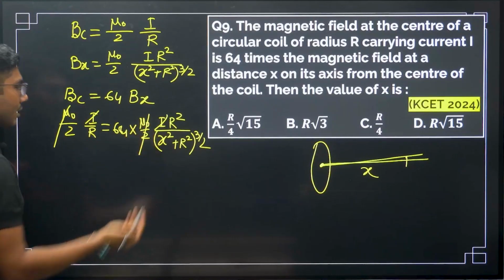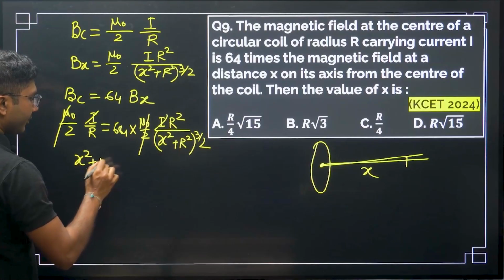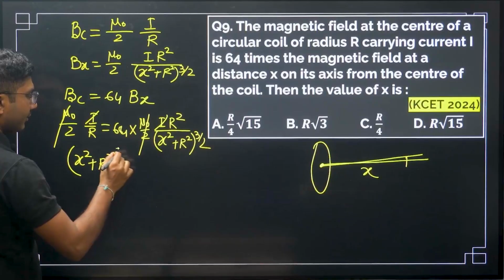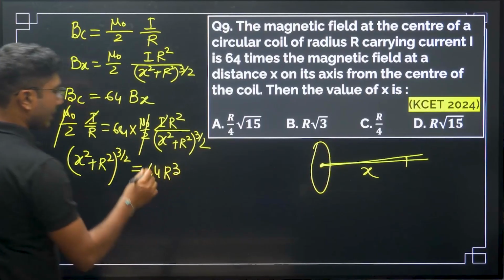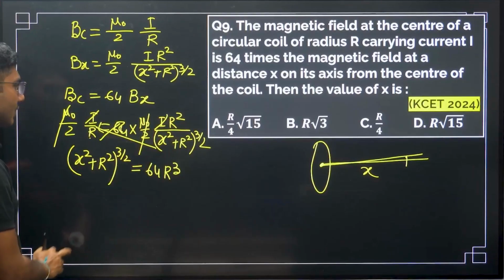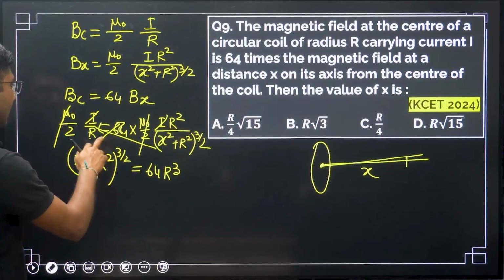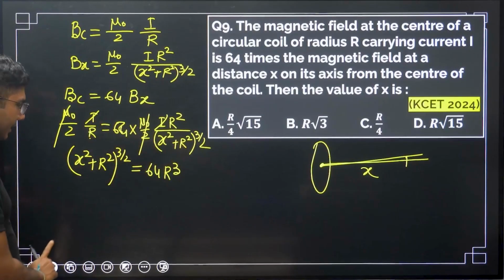Now let's do the cross multiplication. (x square plus r square) to the power 3 by 2 equals 64 r cube. This comes over here, this goes over here, r into r square becomes r cube, and this comes over here, so that's why it is 3 by 2.